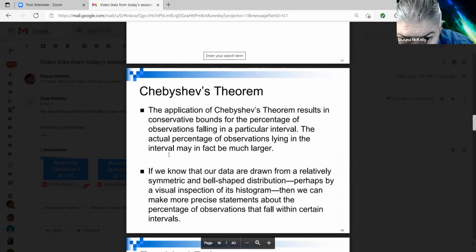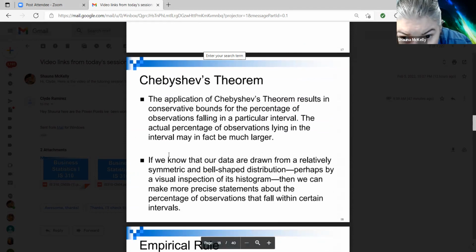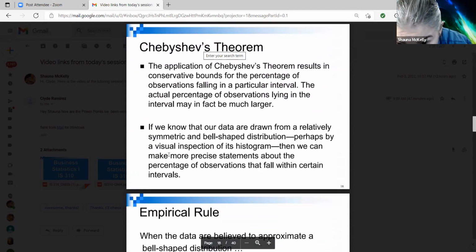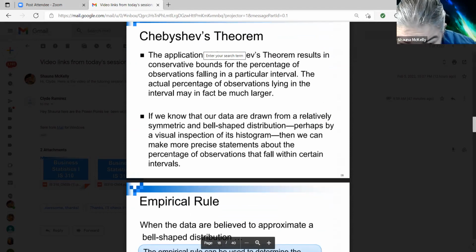Okay, so the application of Chebyshev's theorem results in conservative bounds. The actual percentage may be much larger. This is the point that I was making yesterday, so I was ahead of her. If I were teaching it, I would have made this point first because the empirical distribution is more familiar to you probably.